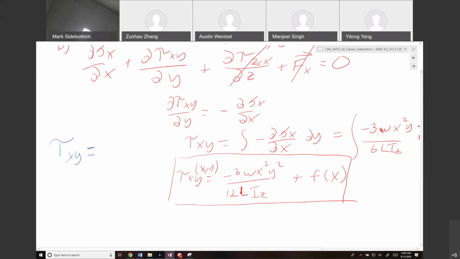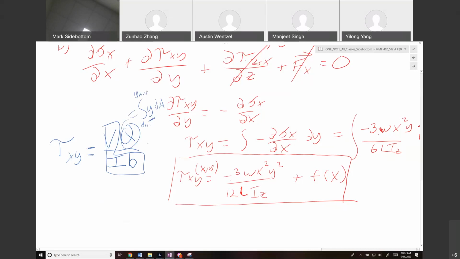Right, so if we had a point force, we know that tau xy is equal to VQ over Ib. These are all constants. Q is equal to the integral of y dA, going from y to the y max at the centroid.